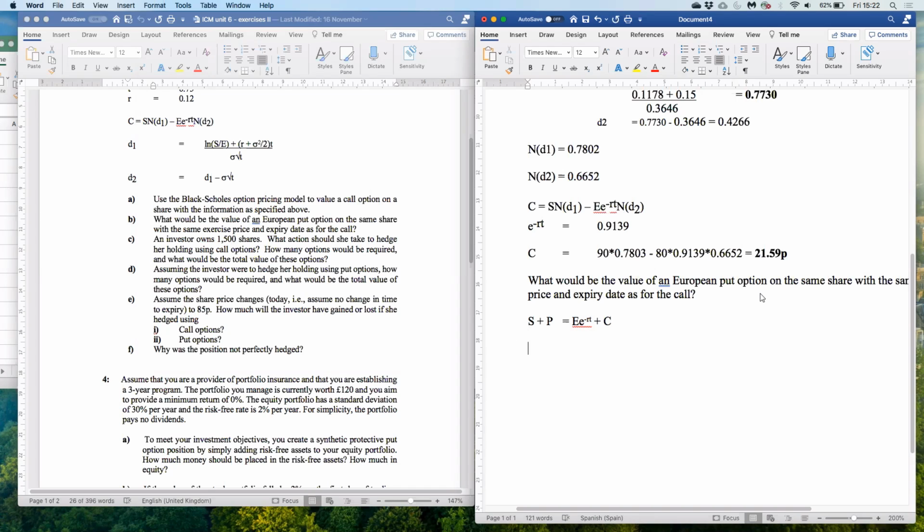So we just insert the values, and therefore we get 80 multiplied by 0.9139 plus the call value 21.59, which equals 4.70 pence.